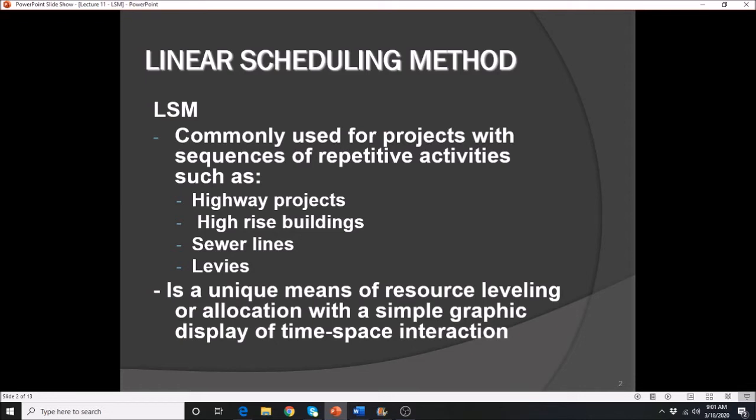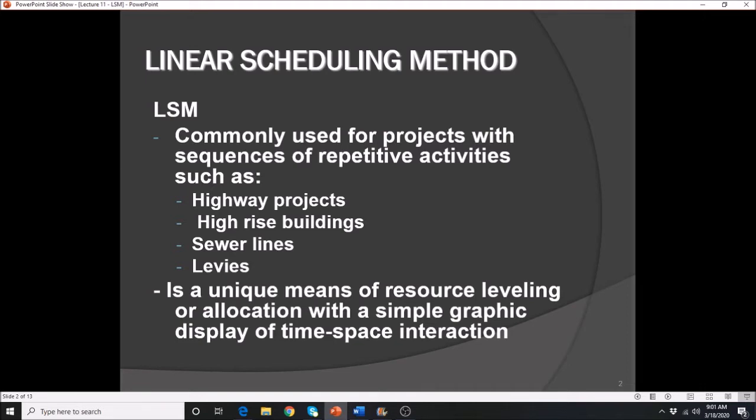The Gantt chart was first introduced in 1918 by Henry Gantt, and the critical path method was first introduced in the late 1950s to early 1960s. The linear scheduling method is a unique means of resource leveling or allocation through visual representations of graphs.